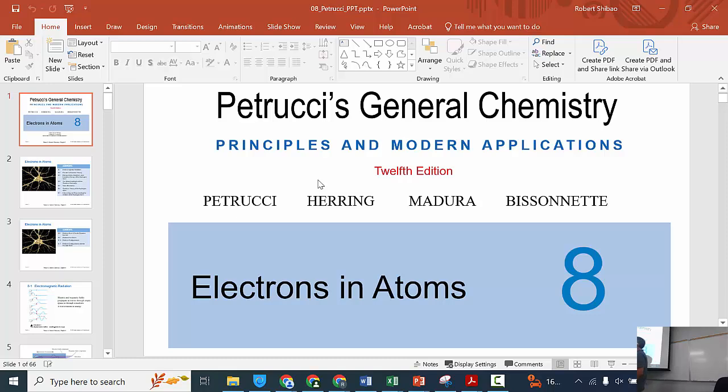And so basically, to make the long story short, we're going to replace Dalton's atomic theory with today's atomic theory. Do you know what today's atomic theory is called? Basically, we're going to replace Dalton's atomic theory with quantum theory, or quantum mechanics.